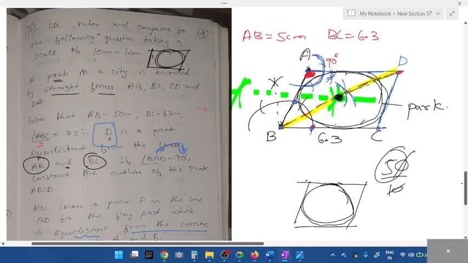if BAD is 90 degrees, then the angle is given. So don't get confused. BAD is 90 degrees. D is a point equidistant from the two fences.